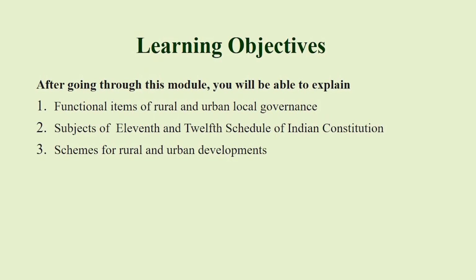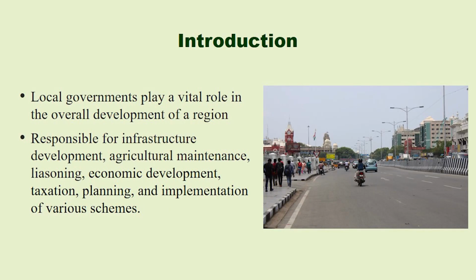After going through this module, you will be able to explain the functional items of rural and urban local governance, the subjects of the 11th and 12th schedules of the Indian Constitution related to local governance, and also the schemes for rural and urban local governance. Local government plays a vital role in the overall development of a region by undertaking various functions and responsibilities.